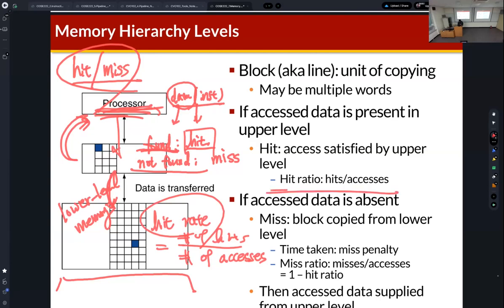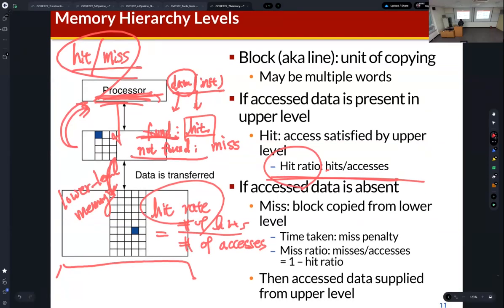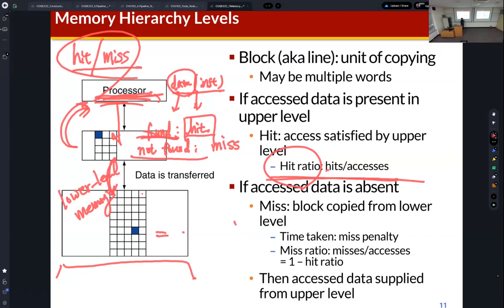So the hit ratio is the number of hits per access. And we can also define the miss rate, which is obviously the number of misses over the number of accesses. If the miss rate is high, performance will be degraded. Also, in the miss case, the processor needs to access the lower level memory, which is lower than the higher level memory.